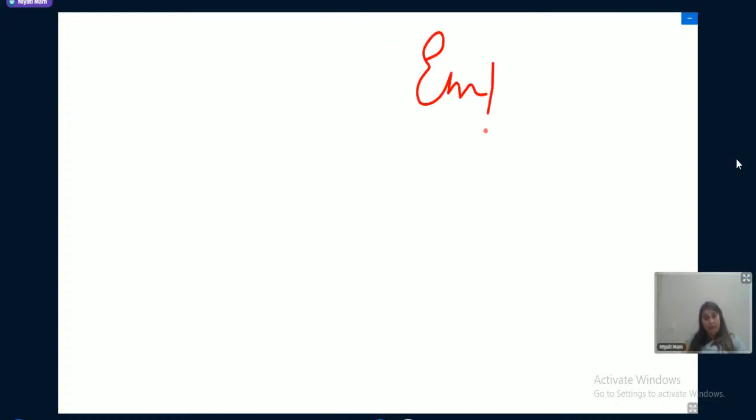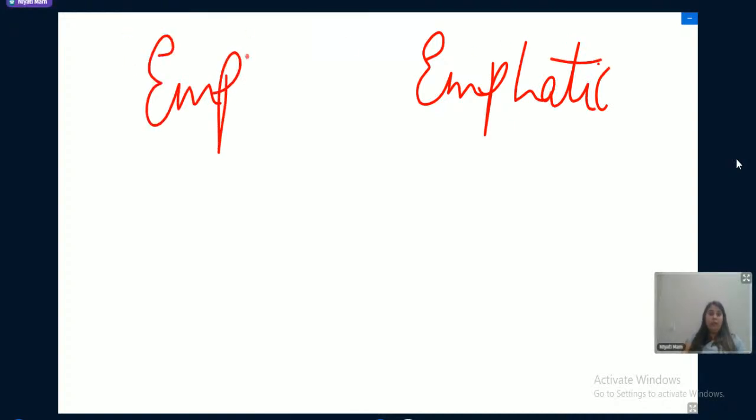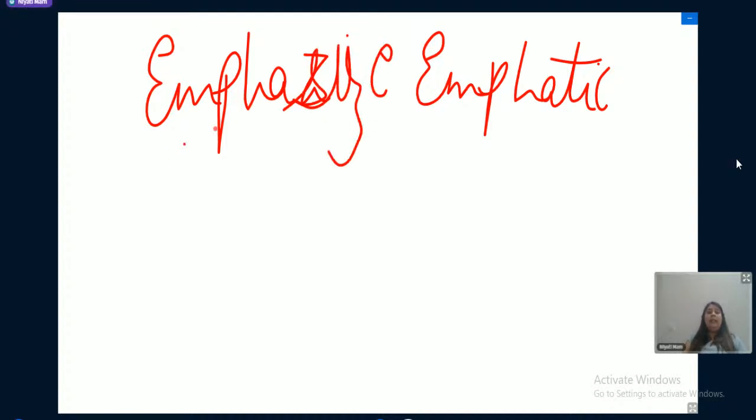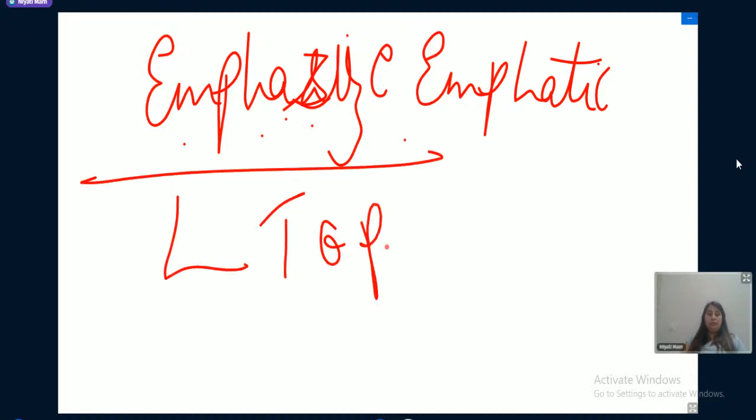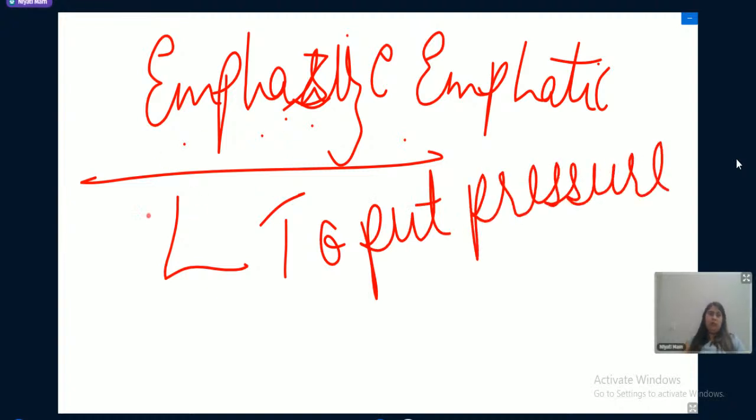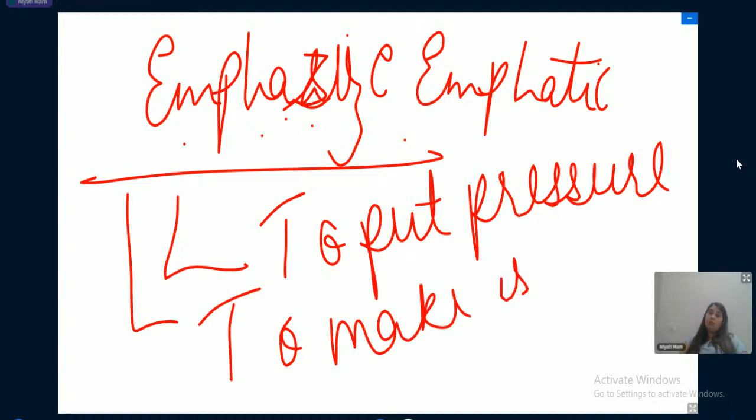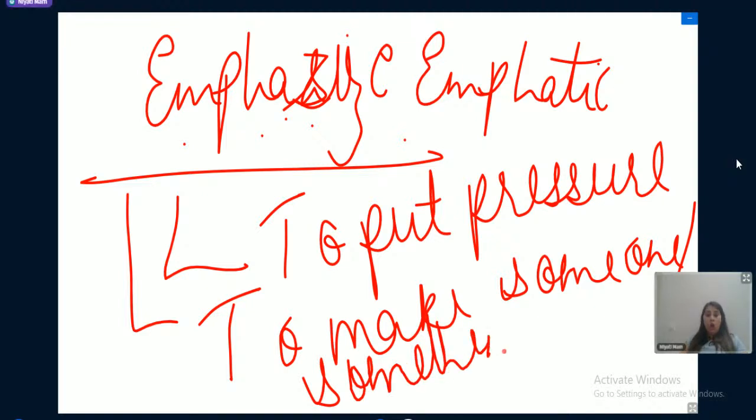The word emphatic is derived from emphasize. Emphasize means to put pressure on something, or to make someone or something important.